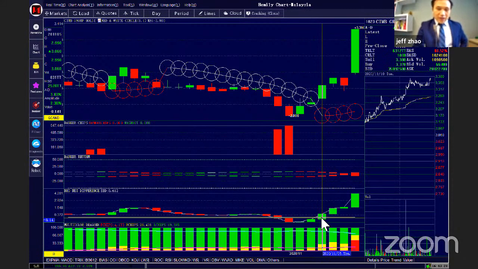And from the net difference, we can be confident the big money increased more than 50%. 50% means it goes to the strong area, a strong uptrend. Until now you can see it will go up a lot.